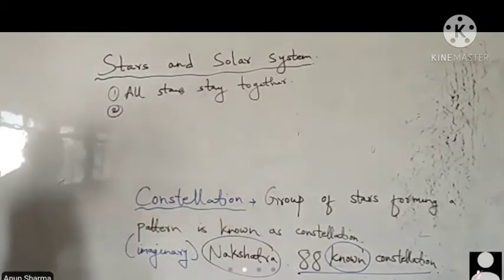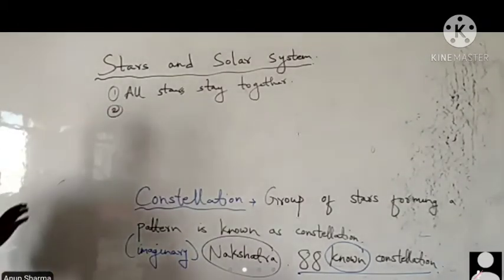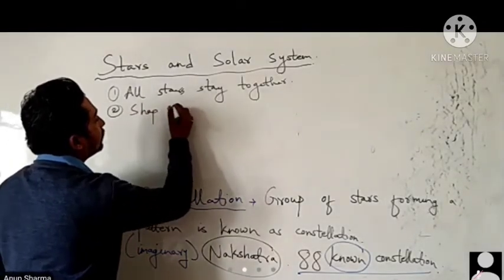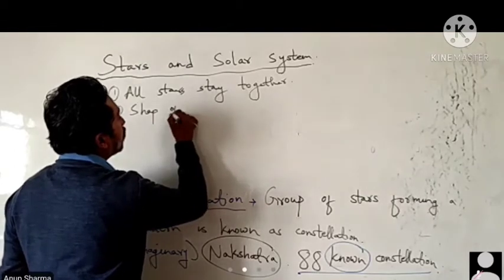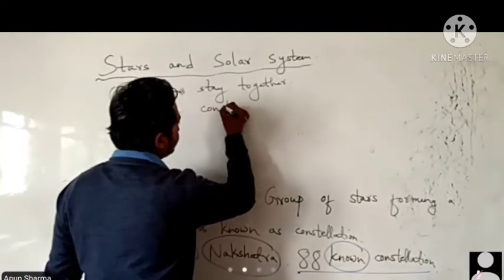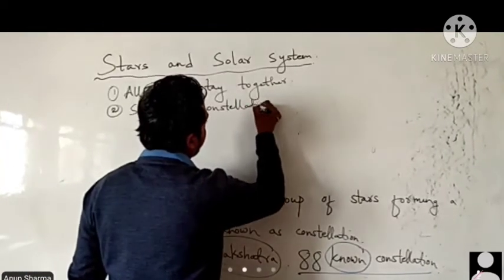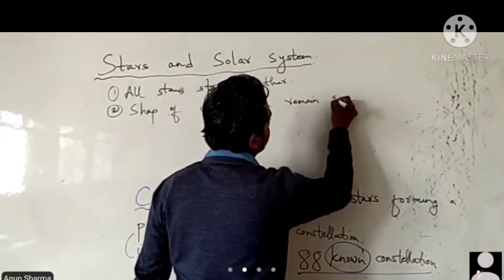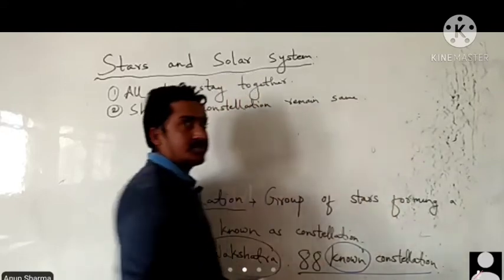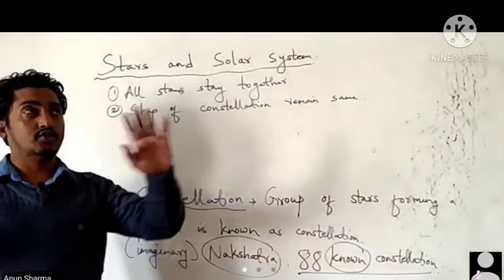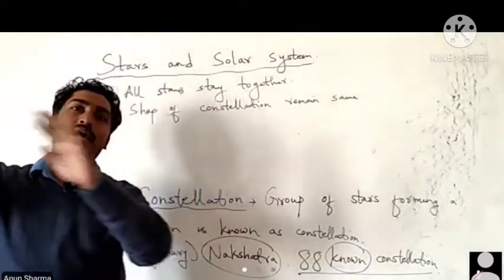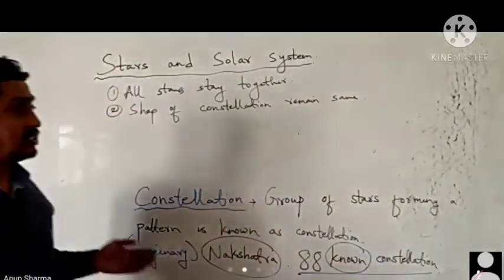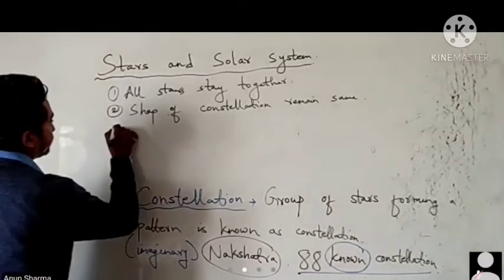Second, the shape of the constellation always remains the same. That means it doesn't change. It's not that today you will see one pattern and after a few days you will see another pattern.